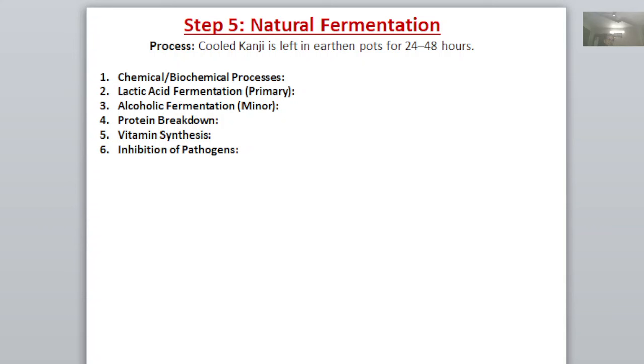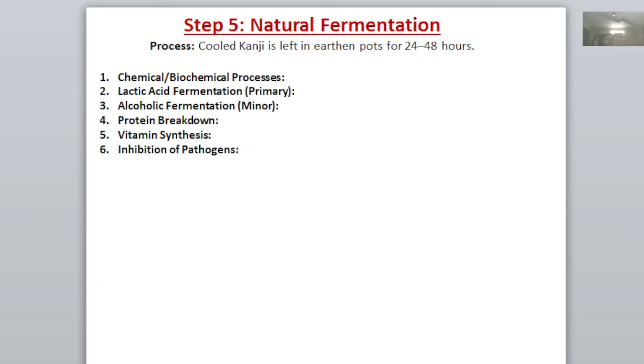If I am saying natural fermentation, it is going to take place in two ways. The first is through lactic acid bacteria, which is LAB. What lactic acid bacteria is going to do is convert one glucose molecule into two lactic acid molecules.